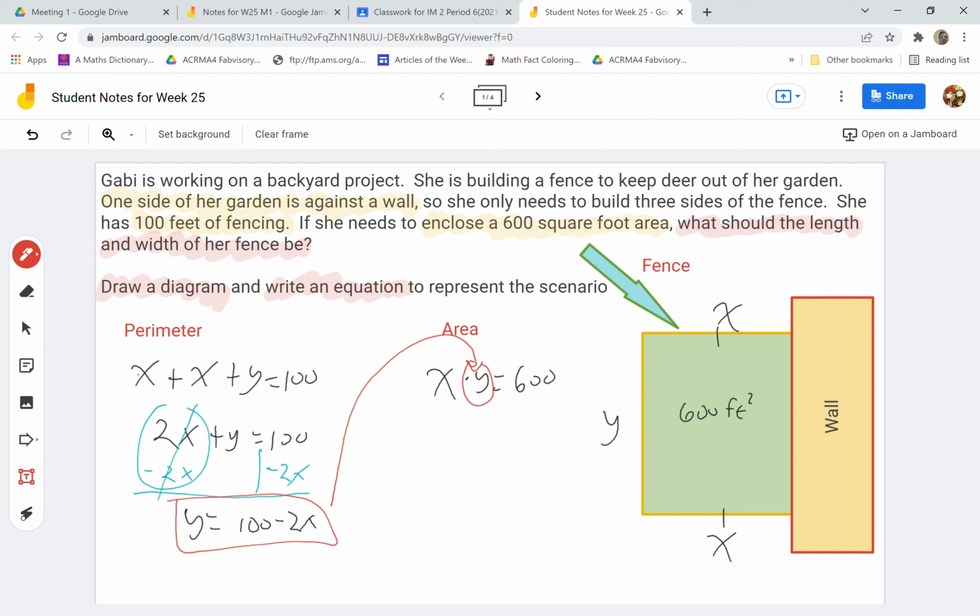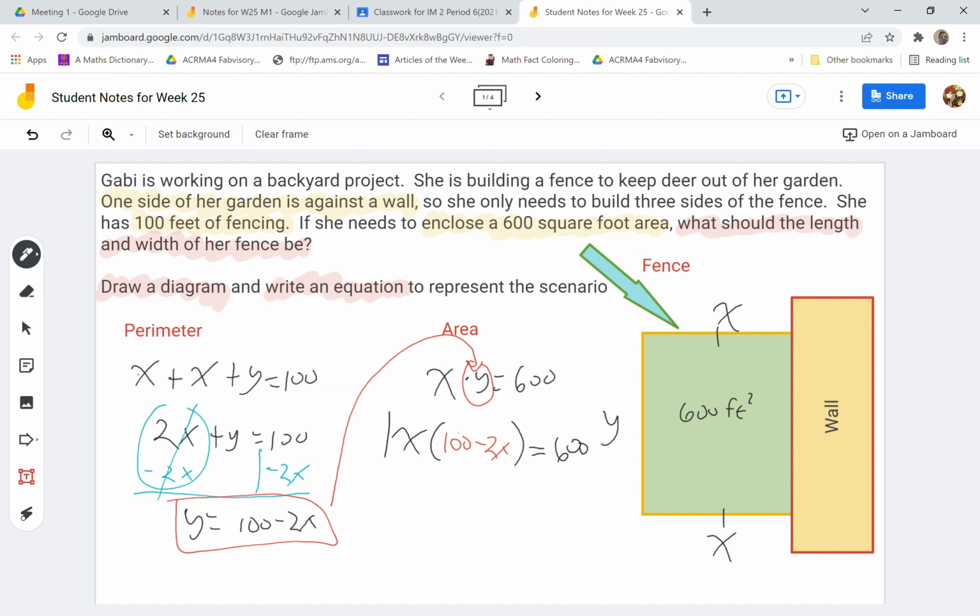Substitution method, because I have two equations, so I need to use either substitution or elimination, and I'm choosing substitution to do so. Then if I do that, I get x times 100 minus 2x equals 600. Now I'll leave the rest up to you.